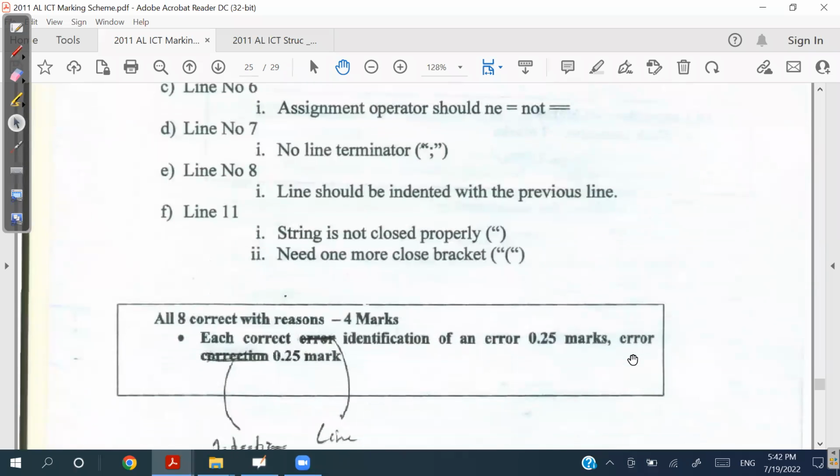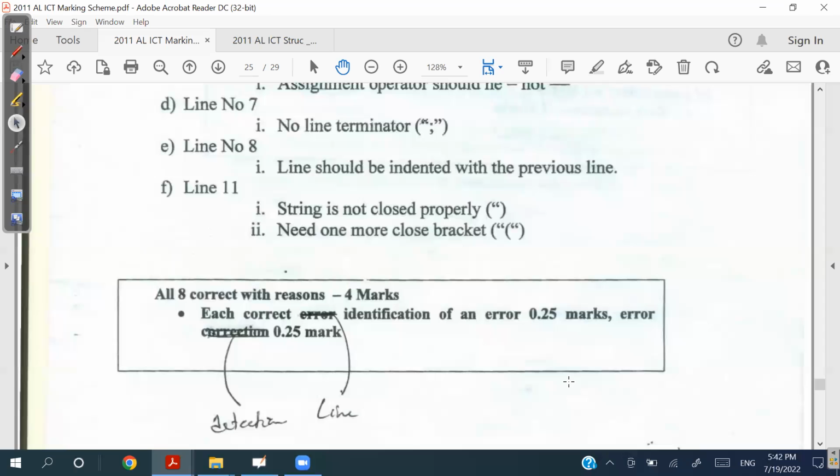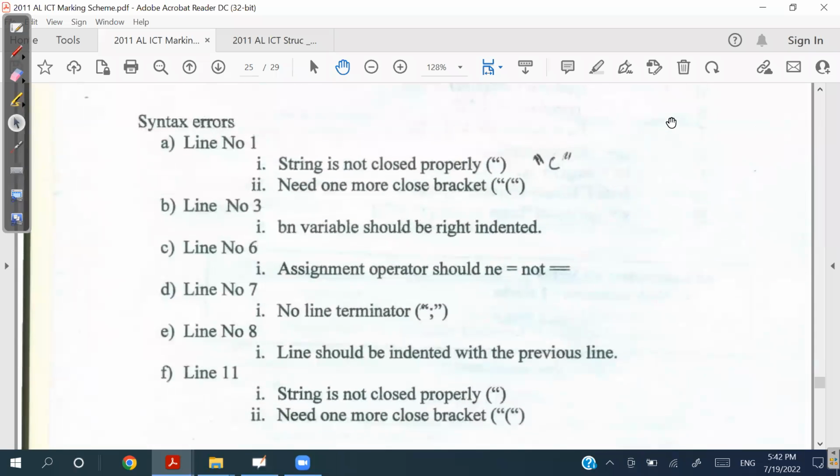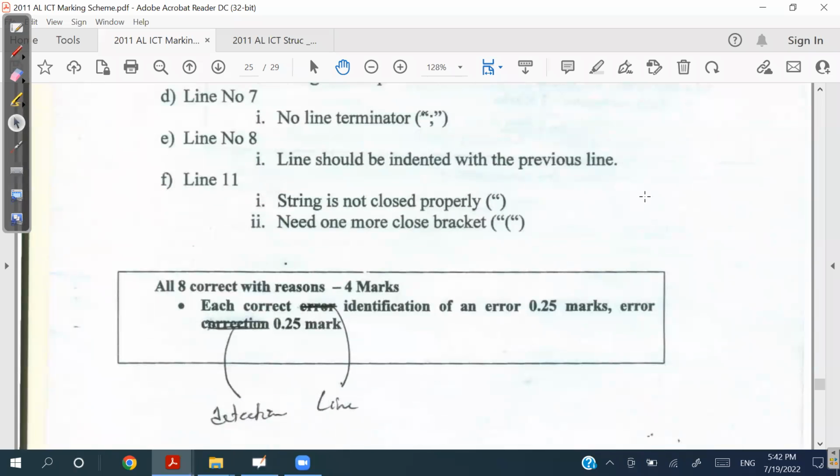Right, so 4 marks. And they have given 0.25 for the identification of the correct line, and another 0.25 for saying what the error is. Right? So that's how the 8 marks are being given.